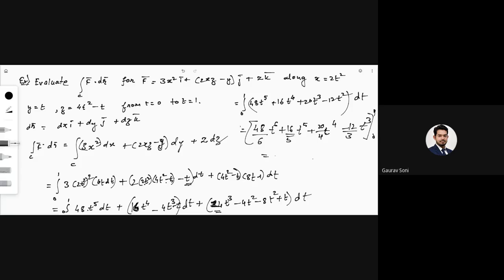When you put the lower limit, everything is 0. When you put the upper limit, you have 48 by 6 plus 16 by 5 plus 20 by 4 minus 12 by 3. Do the required calculations.